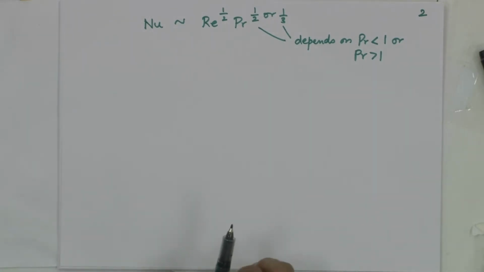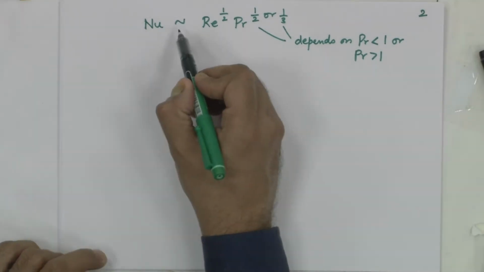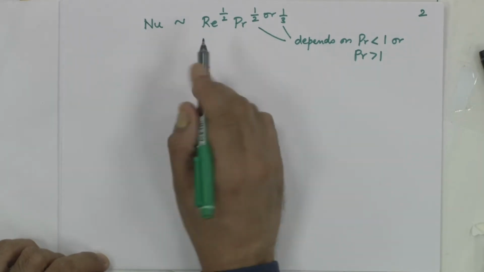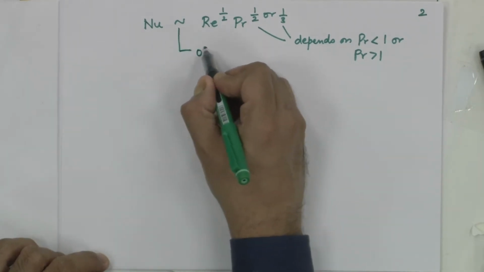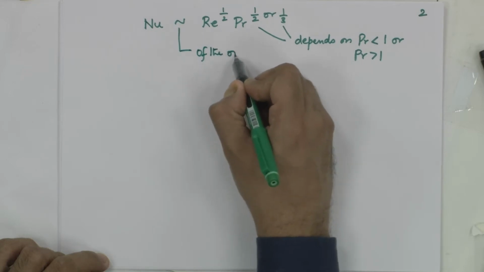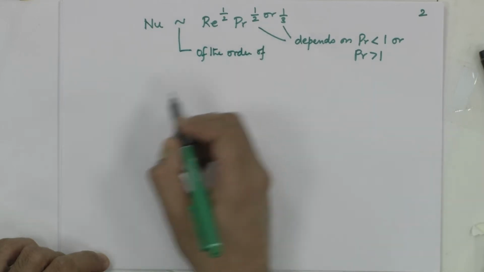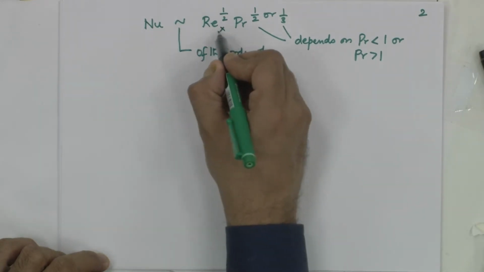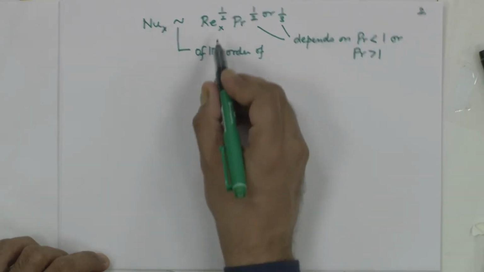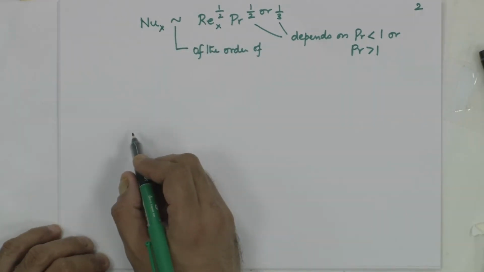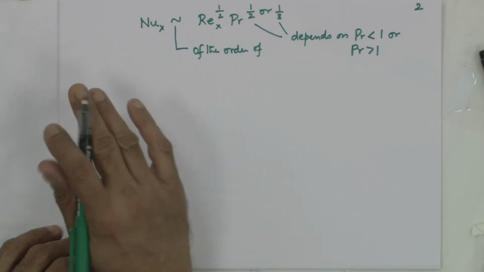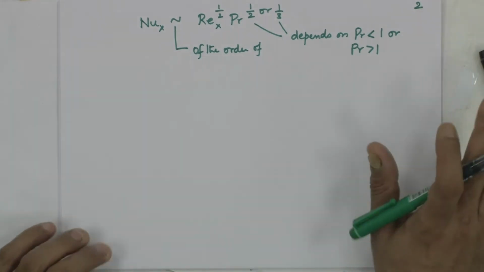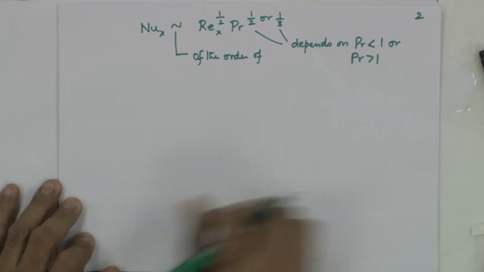What this tells us, see, this is not equal to, this means it is of the order of. So, Nusselt number is of the order of Reynolds to the half, PR to the power half or 1/3.